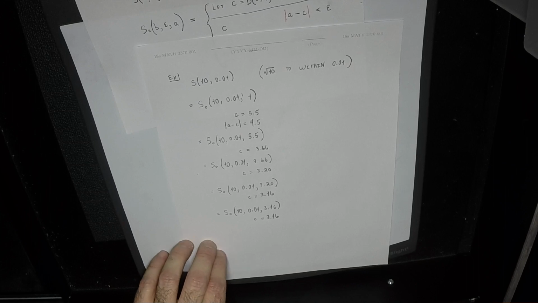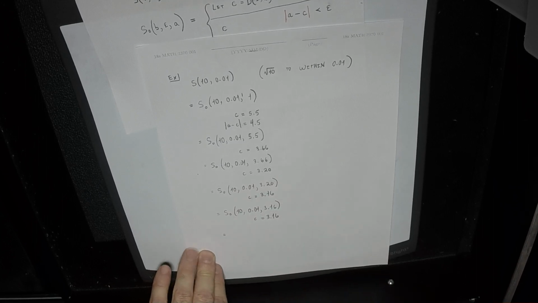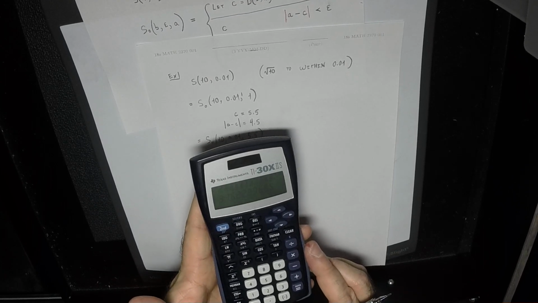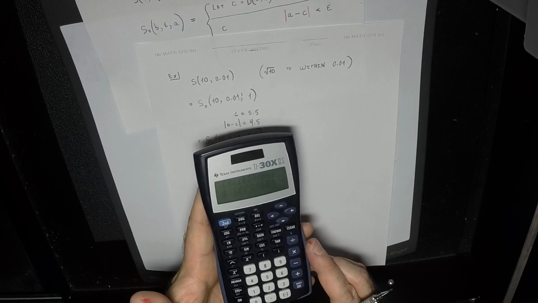So now the difference between them is less than 100th. So what's the answer? Yeah, approximately 3.16. So the calculator is currently reading 3.16 blah blah blah.